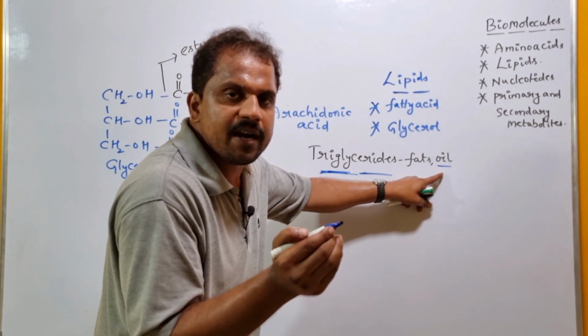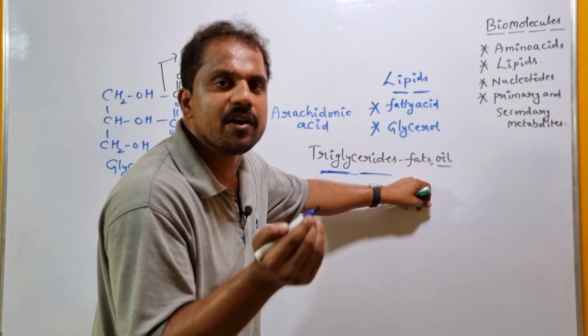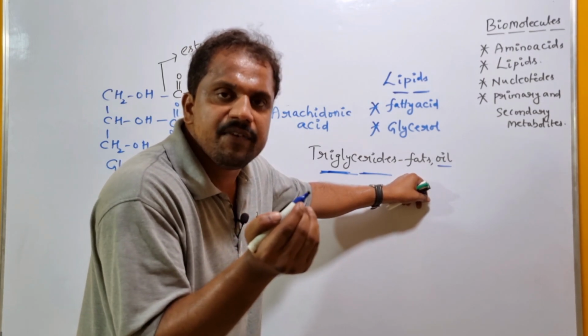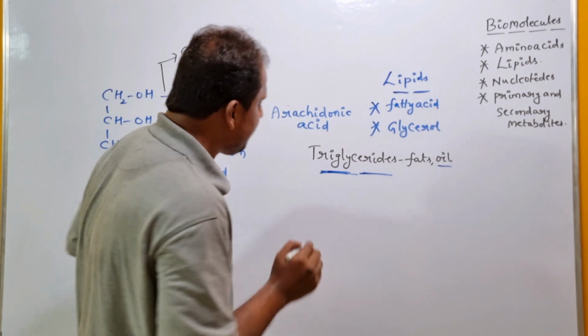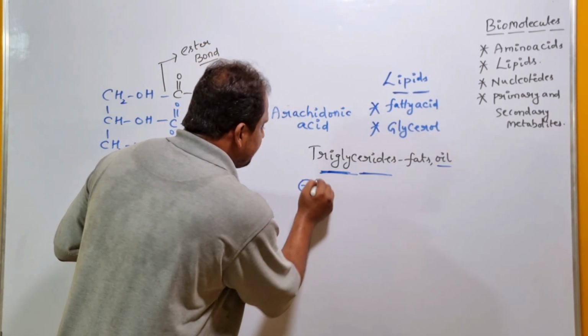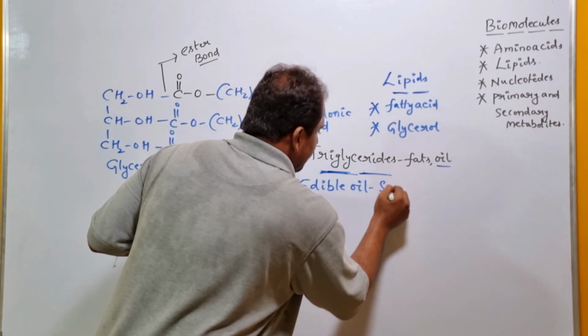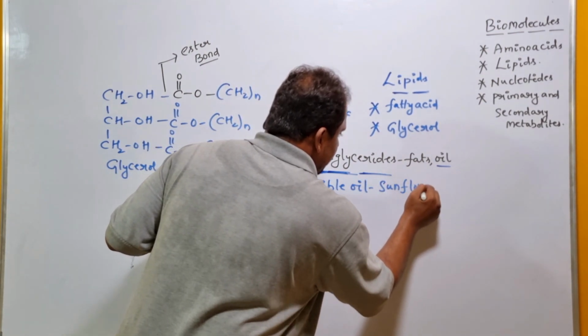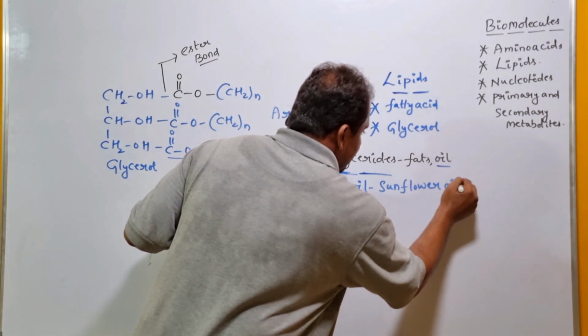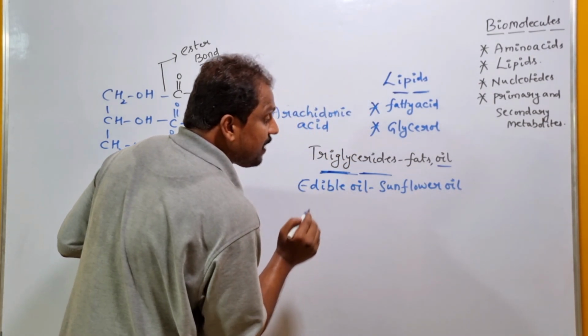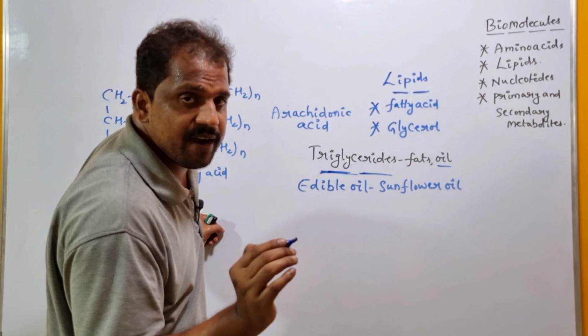In order to understand this particular concept, let me give you one common example that we generally experience in our daily life. If we consider certain edible oils, like sunflower oil, right? Sunflower oil is composed of a higher proportion of unsaturated fatty acid.